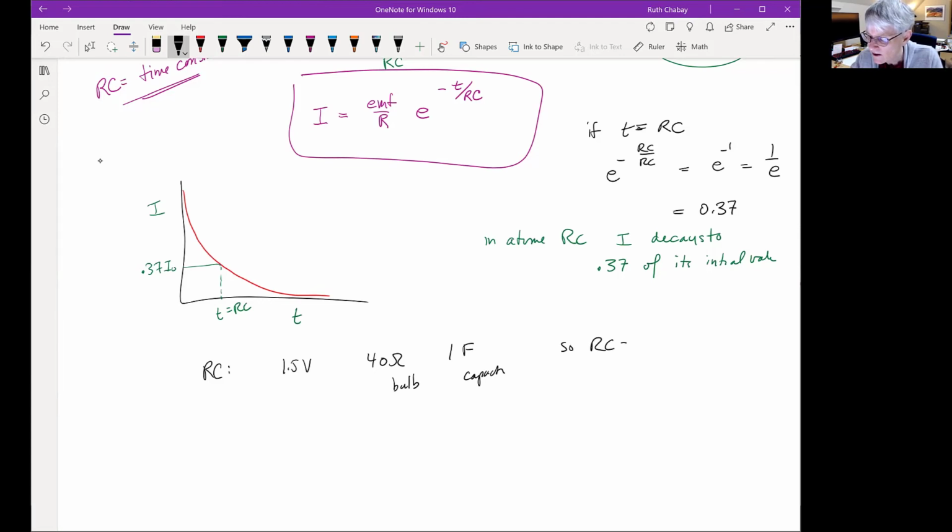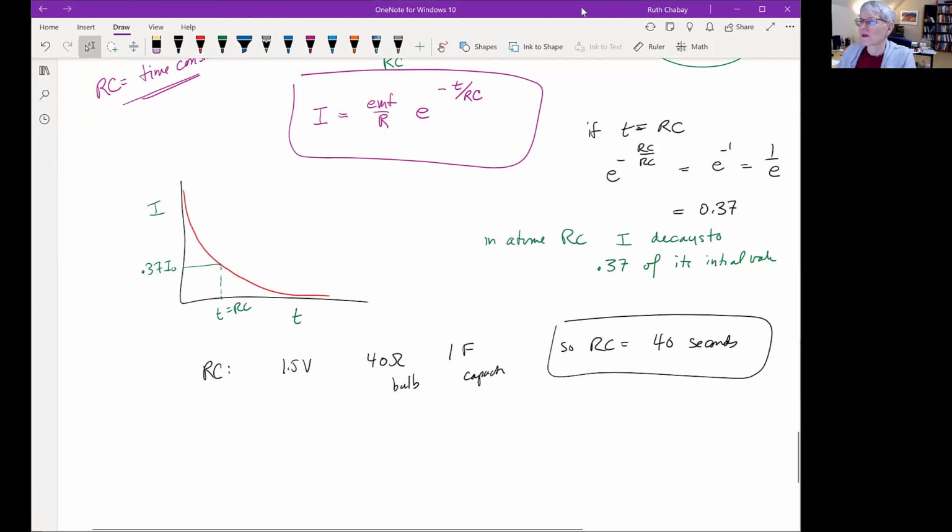So RC is equal to about 40 seconds. So in about 40 seconds, the current had decreased to about 37% of its original value. And that actually was small enough so that the light bulb wasn't lighting anymore, even though a little current was probably still flowing. So what did you learn about capacitors and circuits in chat?